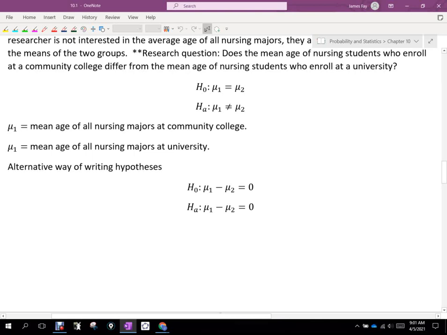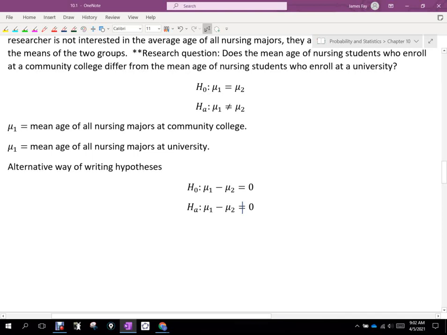Does that make sense? And in the alternative hypothesis, I might have cut and pasted this and not gone back and fixed the equal sign. This should be a not equal to sign. Just put a slash there.